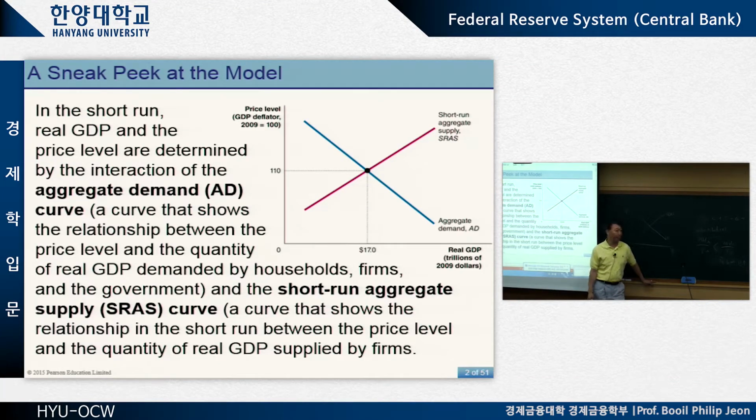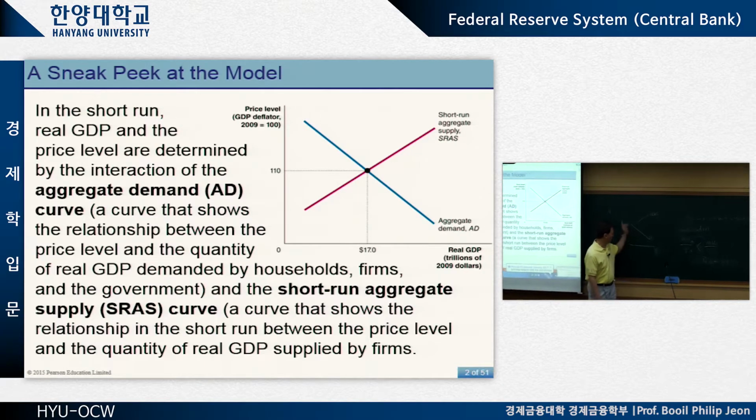As far as the aggregate demand curve is concerned, unfortunately, we cannot apply those explanations. Why not? Why can't we use the same explanation for this downward sloping aggregate demand curve?